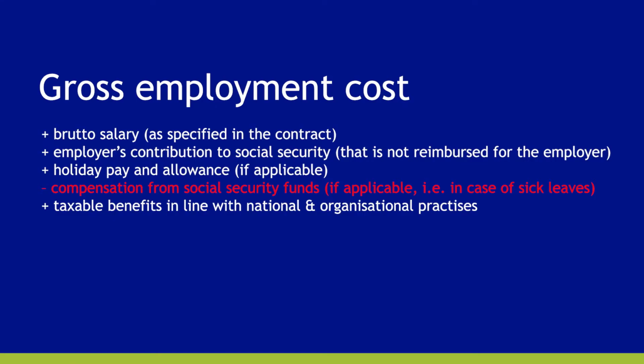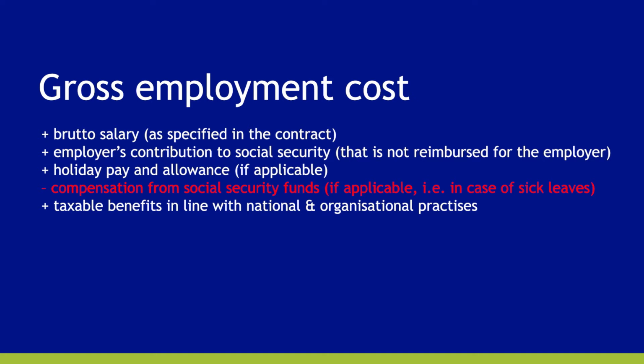Sana, but what is the gross employment cost? The gross employment cost consists of salary payments according to the contracts or appointment decision, and any other cost directly linked to salary payments, which are incurred and paid by the partner organization.